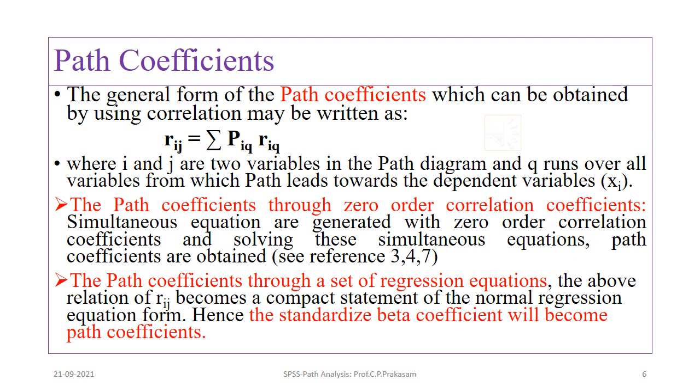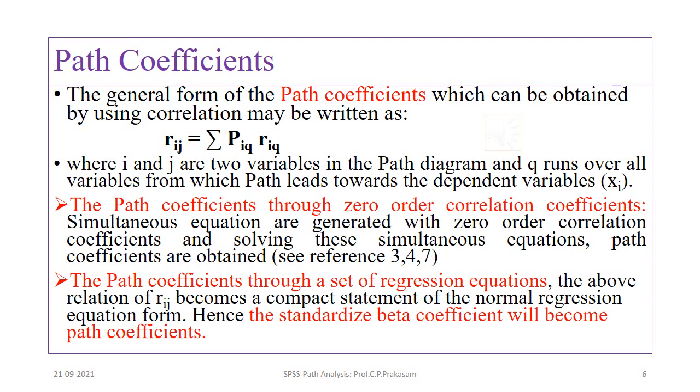The general form of the path coefficients which can be obtained by using the correlation may be written as rij equals summation of p_iq r_jq, where i and j are the two variables in the path diagram and q runs over the variables from which a path leads towards the dependent variable xj.